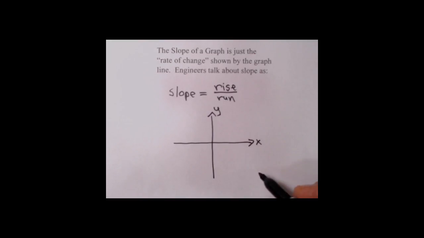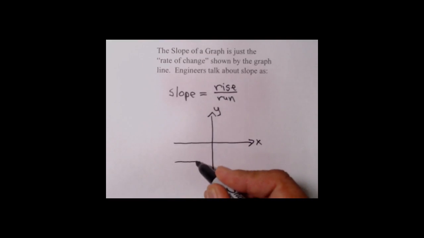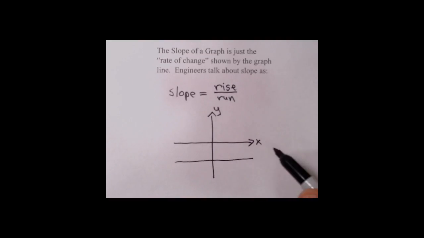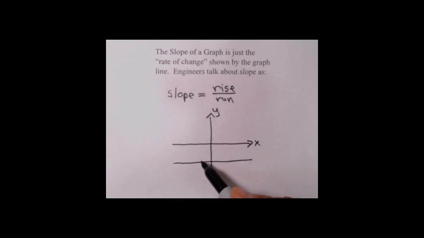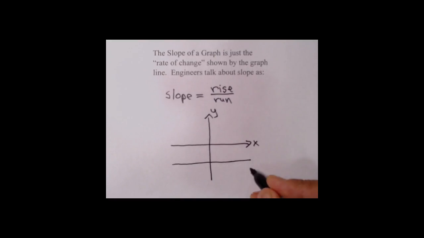But first, let's talk about some slopes that you want to be familiar with. If you have a line that is flat, and it can be anywhere on our graph, it is not going uphill and it's not going downhill. So the slope m equals 0.